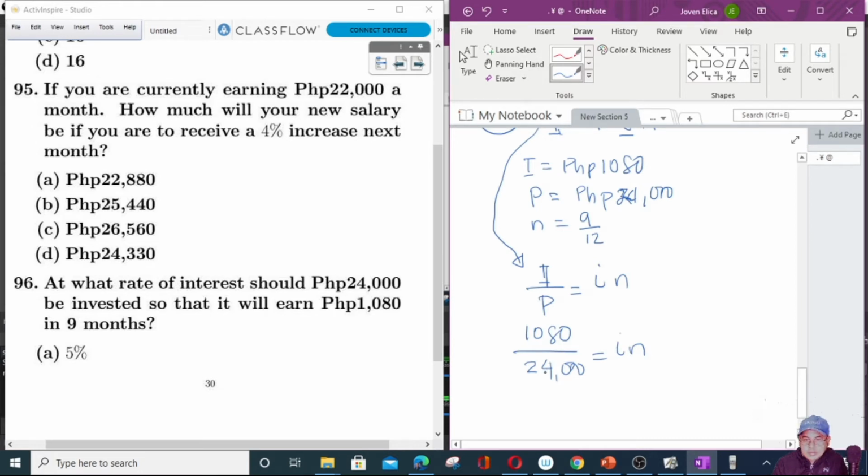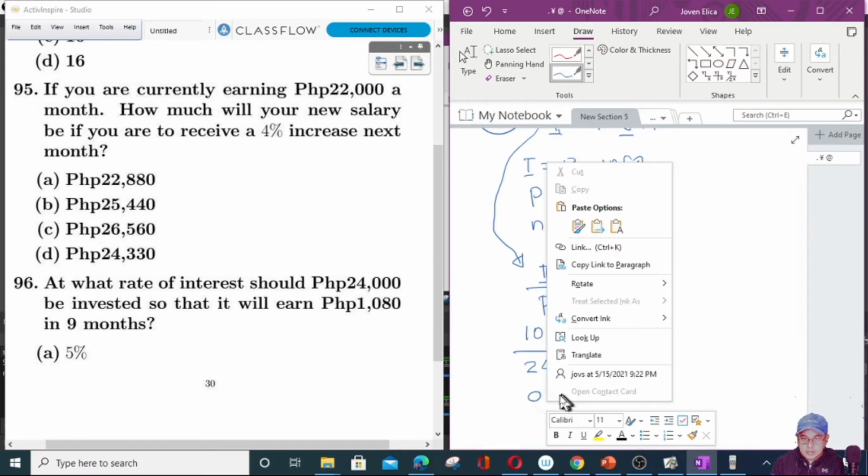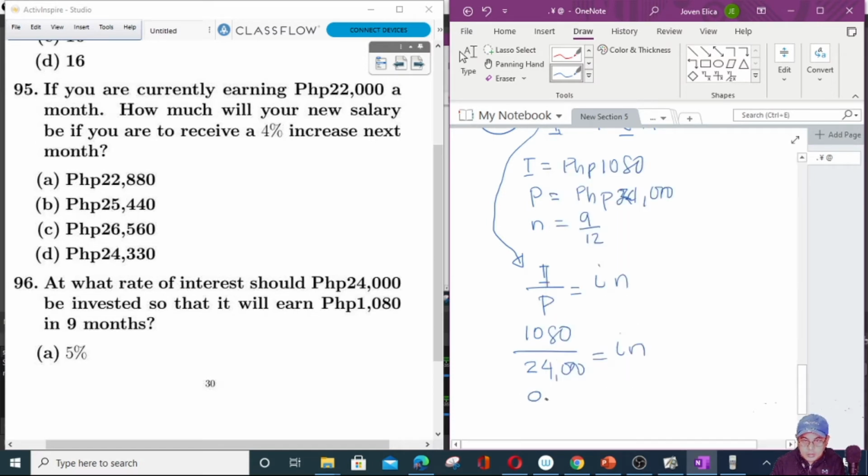Let us first calculate this one. So 1080 divided by 24,000 is equal to 0.045.